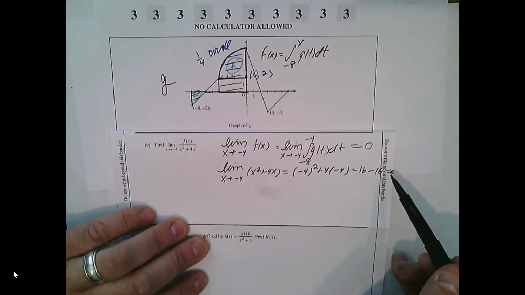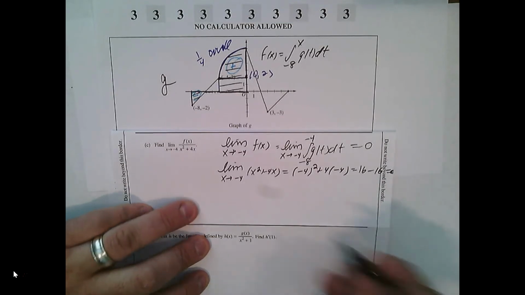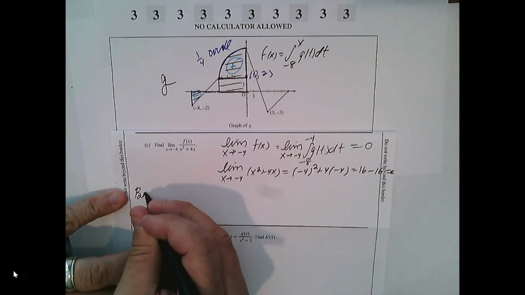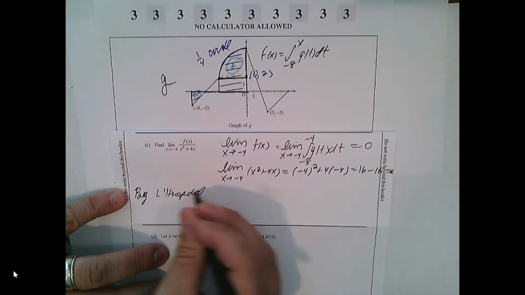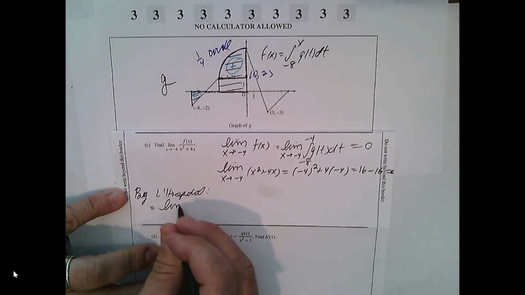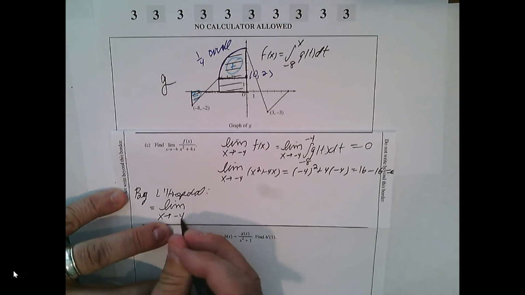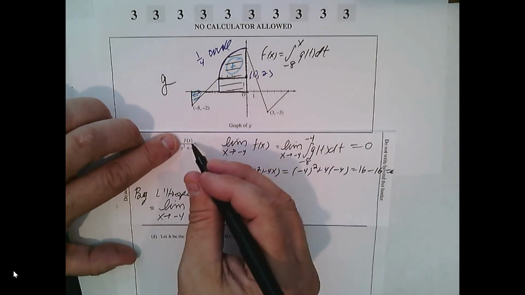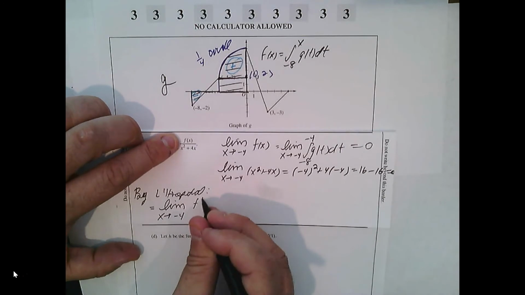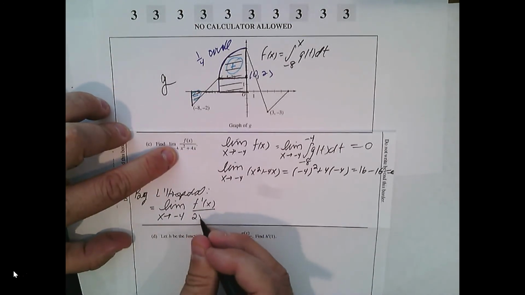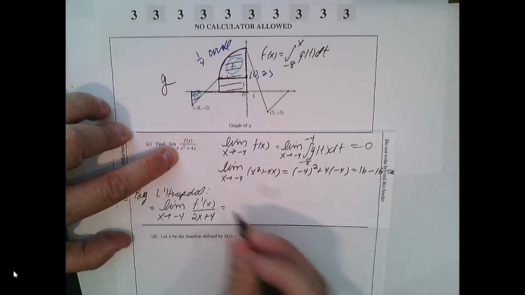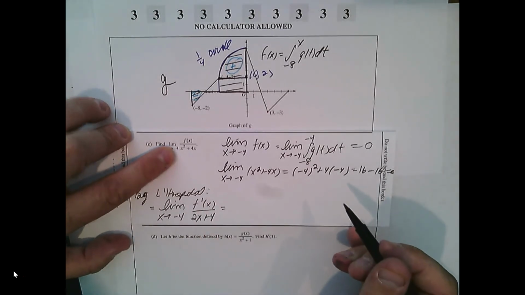What that means is we can use L'Hopital. So, by L'Hopital, this limit is equal to the limit as x approaches negative 4 of the derivative of the numerator, f prime of x, divided by the derivative of the denominator, 2x plus 4.